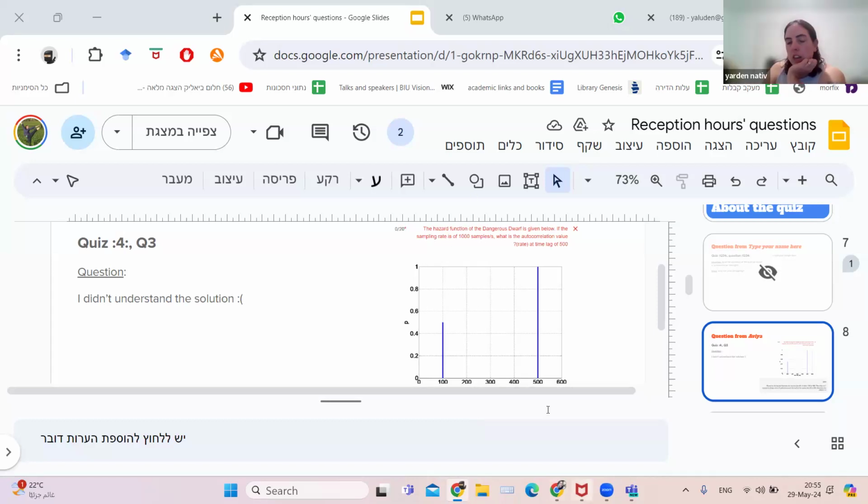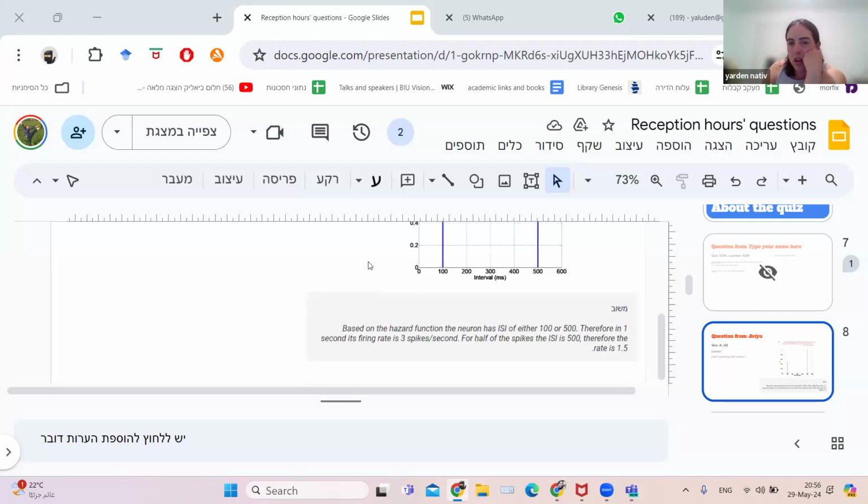So the TIH is like the TIH in the recitations, like the example that Araceli just showed, with equal probability between two possible ISIs. And then if the sampling rate is 1,000 samples, what is the autocorrelation value at the time lag of 500?